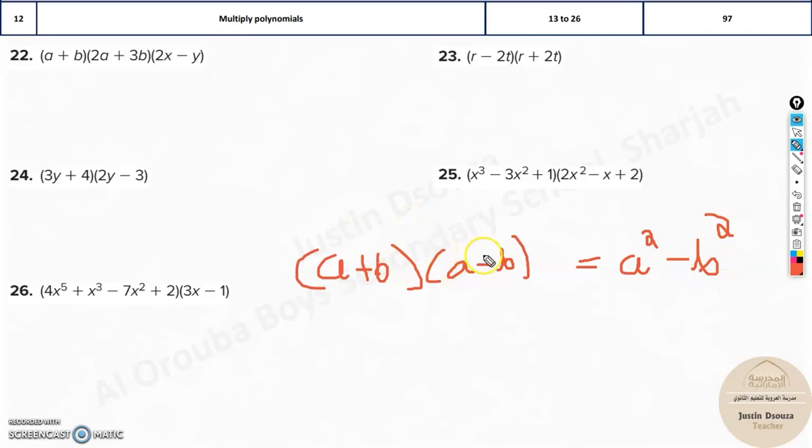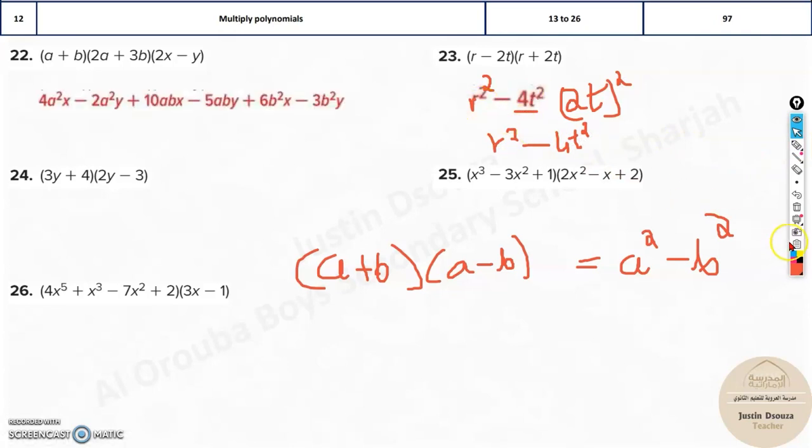Or you can multiply this and ultimately you will come to this formula itself. So this is not that important, because even if you multiply this, ultimately you're leading into this, so it's fine. But it's very easy to write this. It's r squared minus 2t the whole squared, that is basically r squared minus 4t squared. That would be your answer. Similarly, you can try the others.